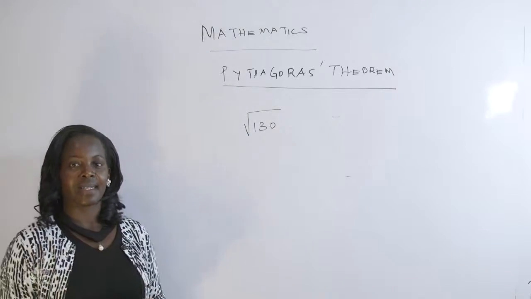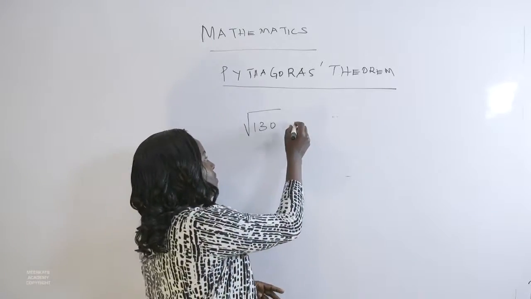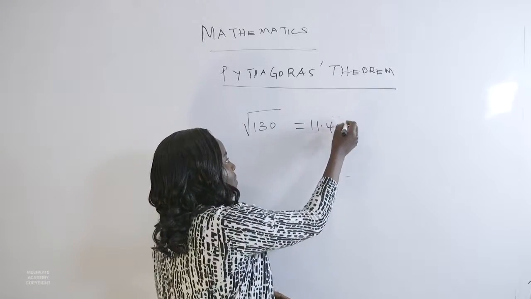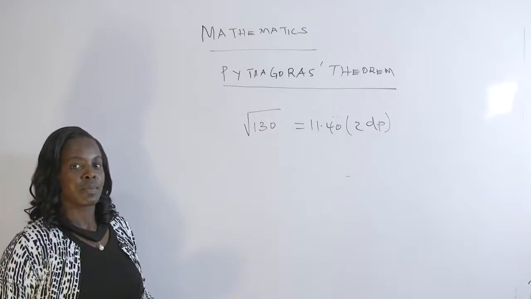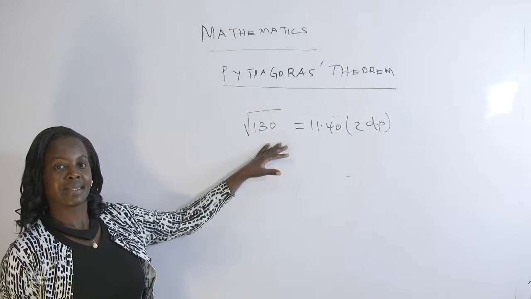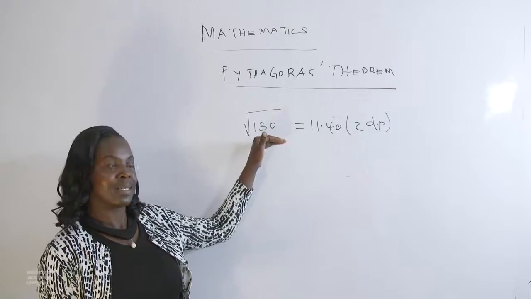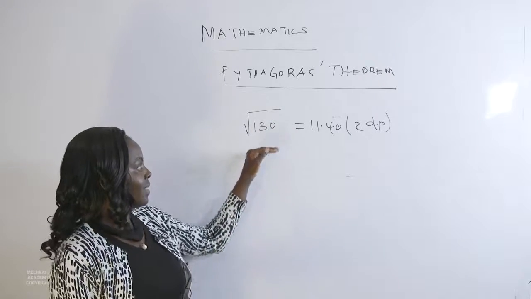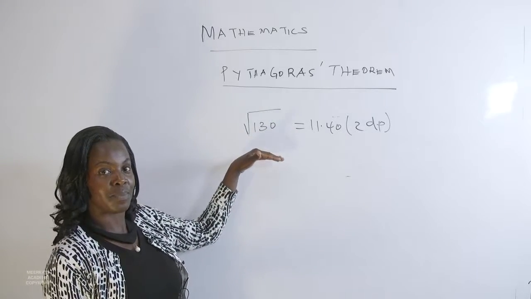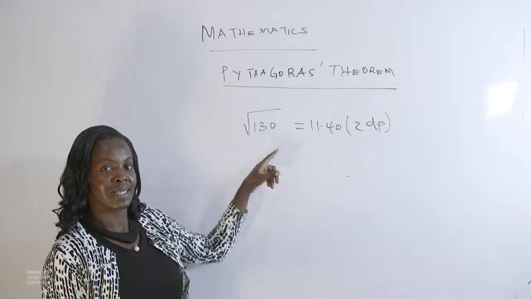Or do we leave it at that? This is a surd. We can leave it at this point. A surd is a number that has a square root sign. It is written in its simplest form, which has a square root sign.